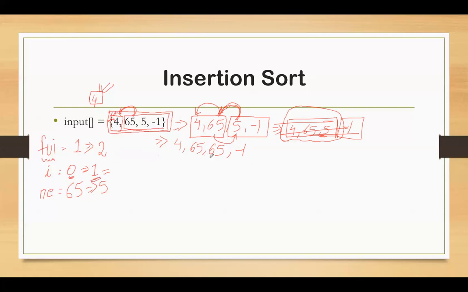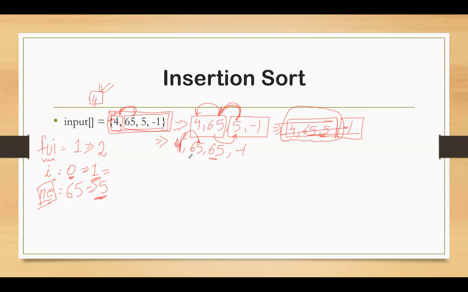Don't worry, as you can see that 5 has disappeared over here. We will not worry about it because we have one variable called new element, which is retaining the value of 5. It's not lost. It's just that we'll make a few comparisons and then we'll get back. So when I is 0 and we compare the element at index 0, we find that 5 is greater than 4.